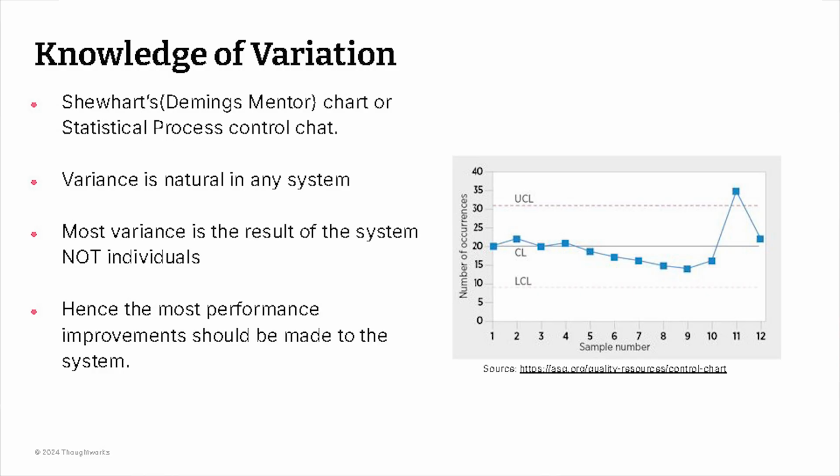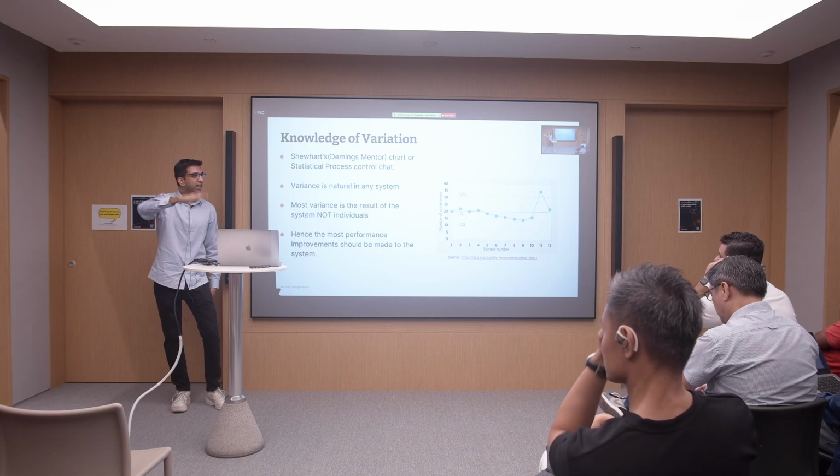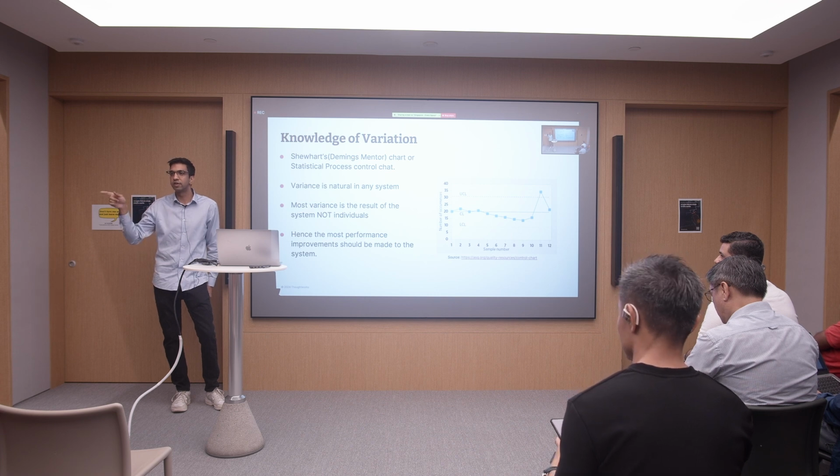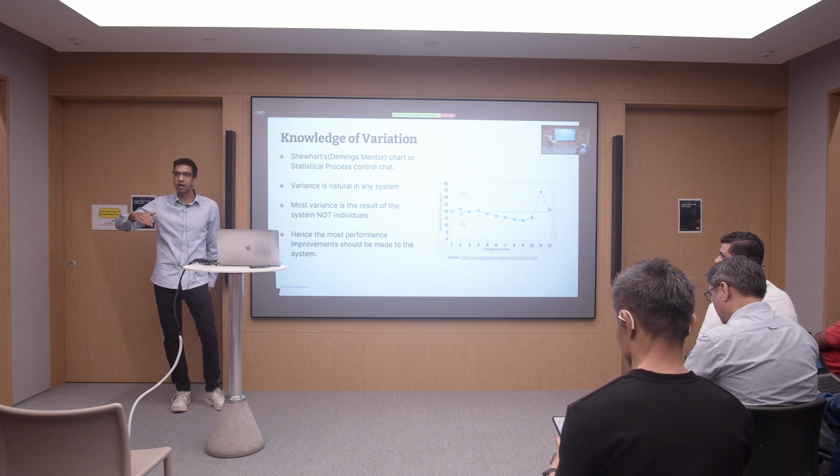And the takeaway from this is basically that variation is normal in a system. If I have a dashboard with a line, it's going to go up and down. Most of that variation is from the system, not individuals doing something weird on Thursday so that the line dipped.